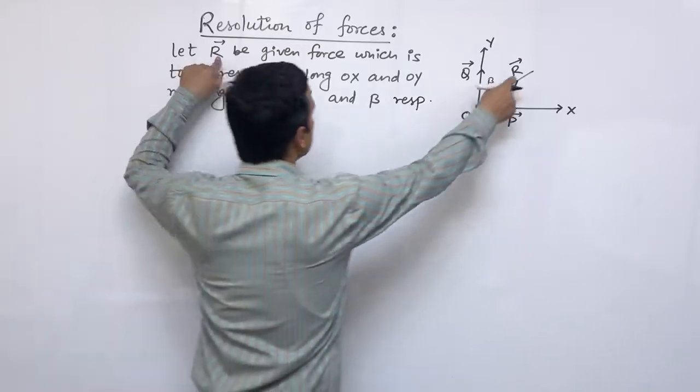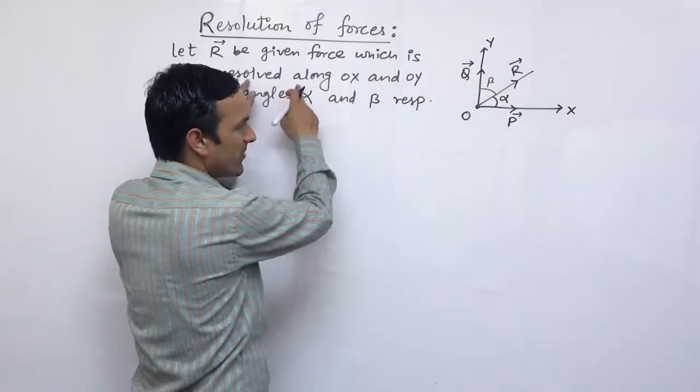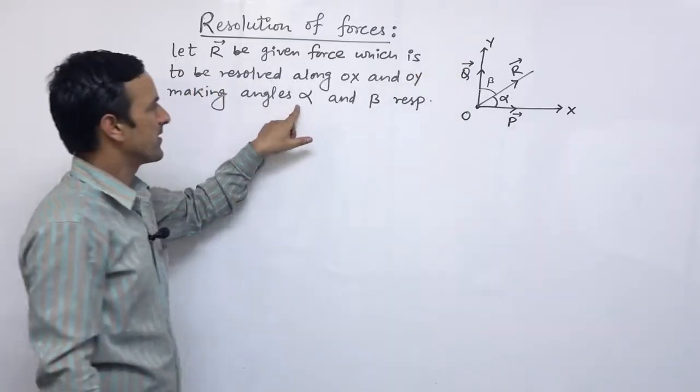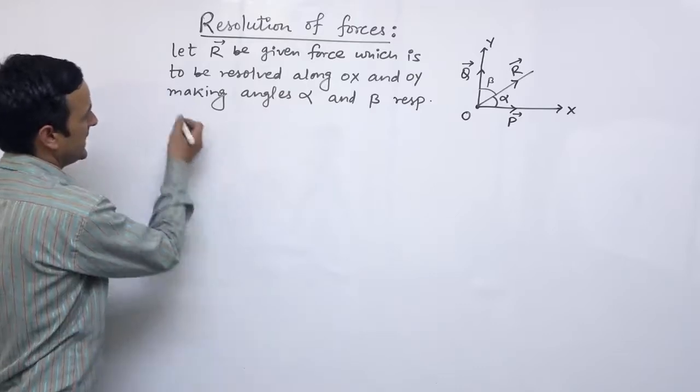So we have R force and it is going to resolve along OX and OY, making angle alpha and beta respectively.